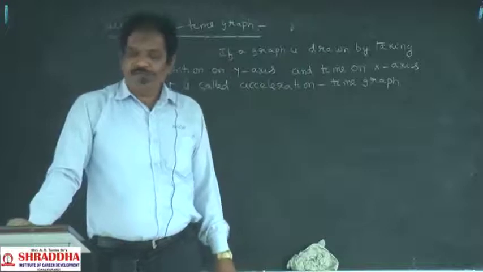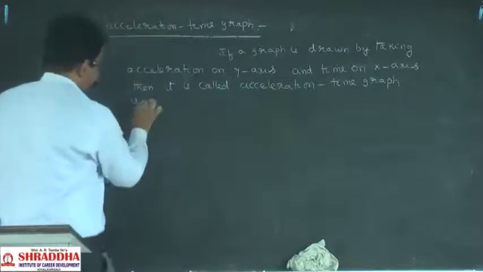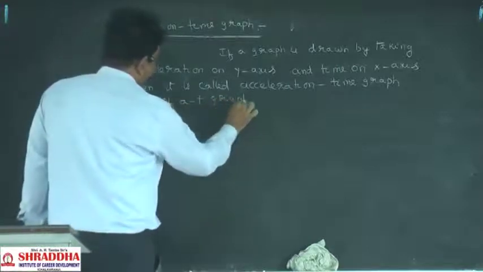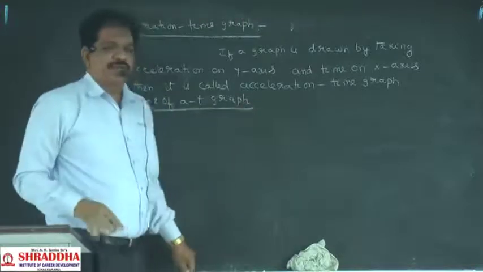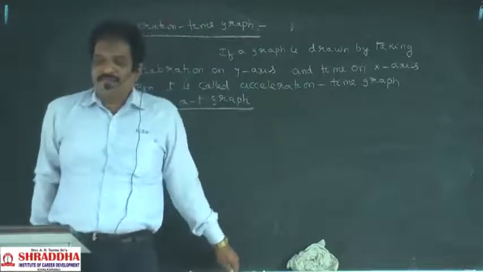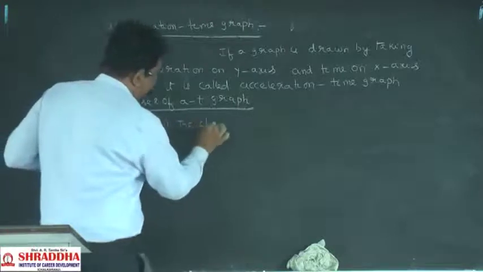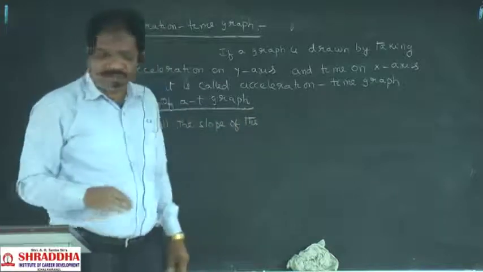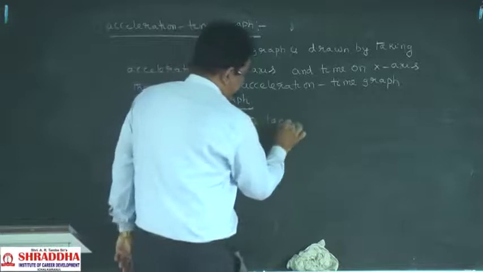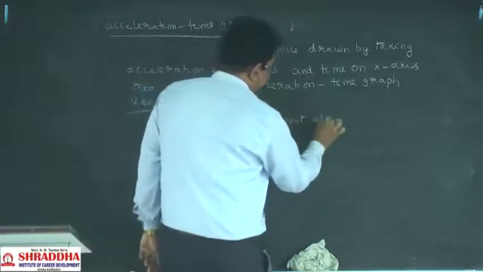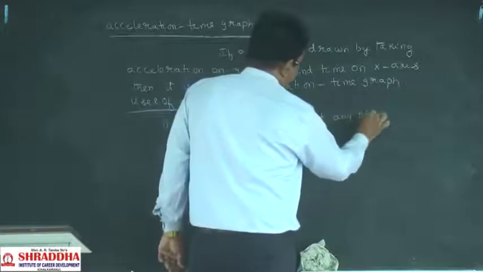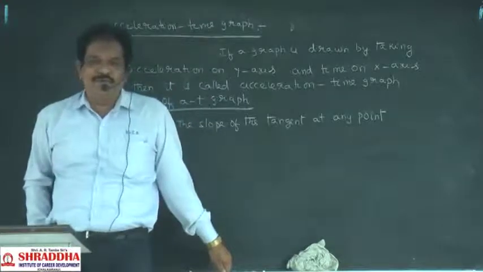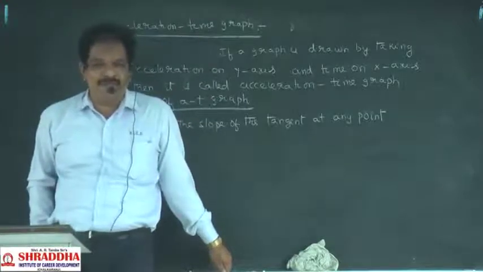What are the uses of acceleration time graph? So the slope of the tangent at any point. Try to remember. Displacement time graph slope at any point is giving instantaneous velocity.